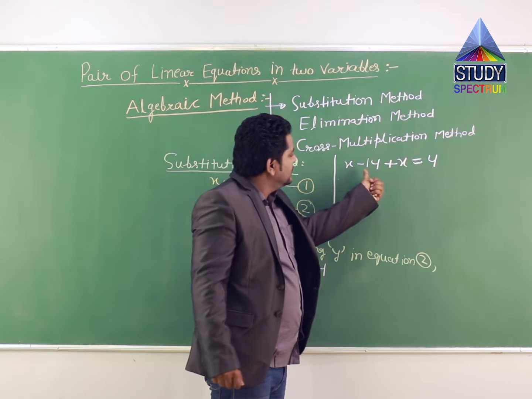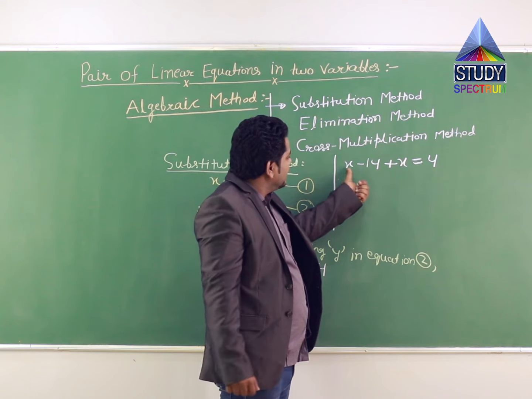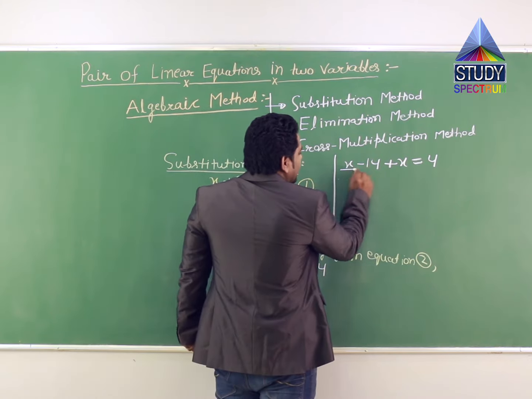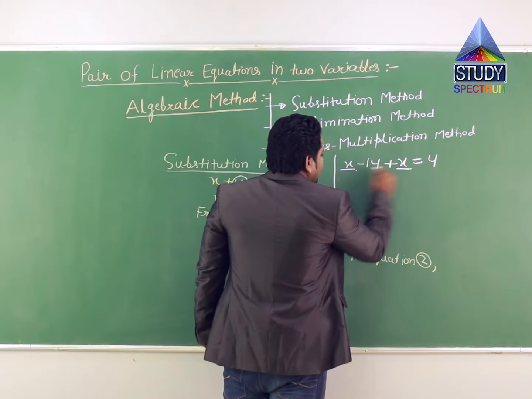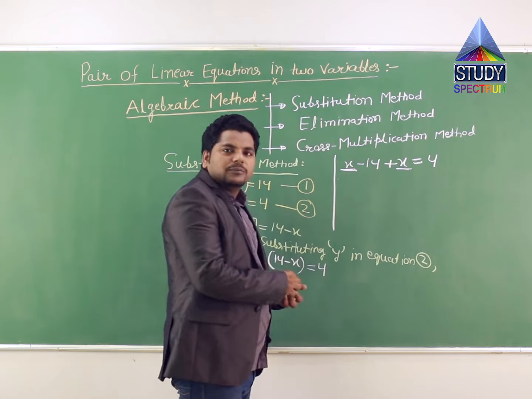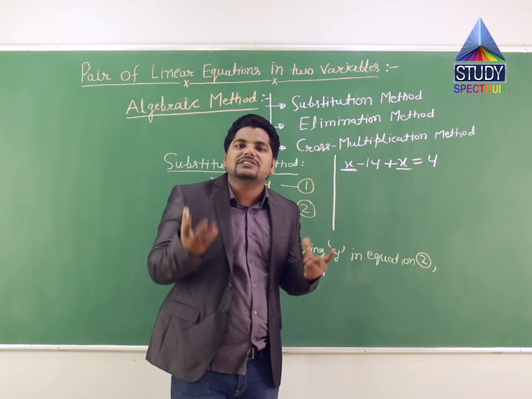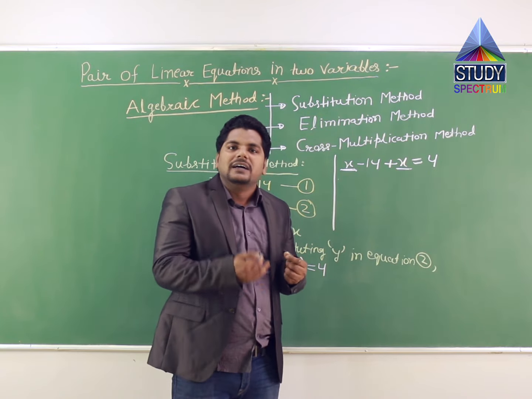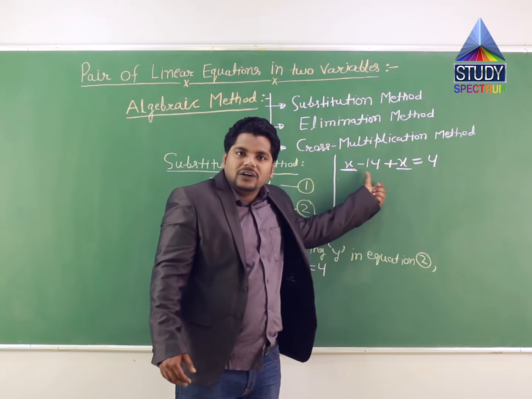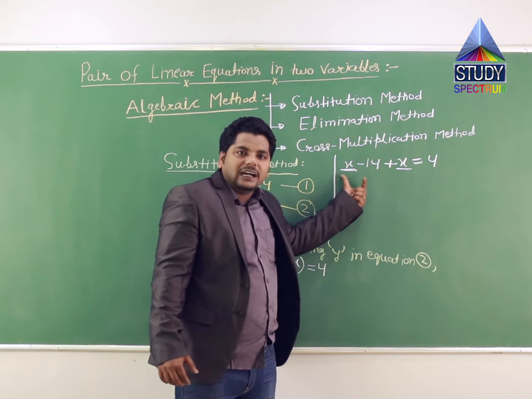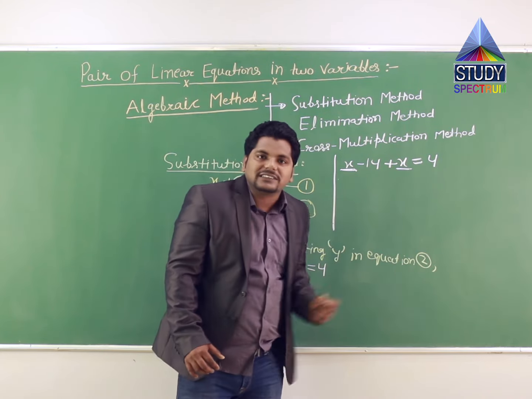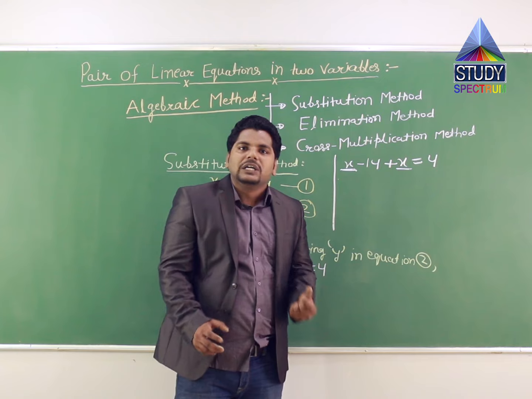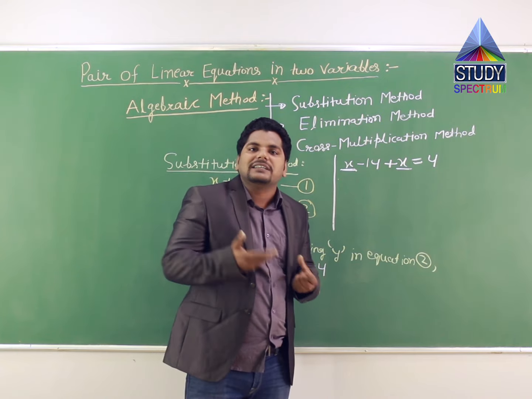So what we'll do here, we'll add variable x together, because in addition same class of variables are added together. You cannot add x with 14. You can only add x with x term. It's like take a general life example.